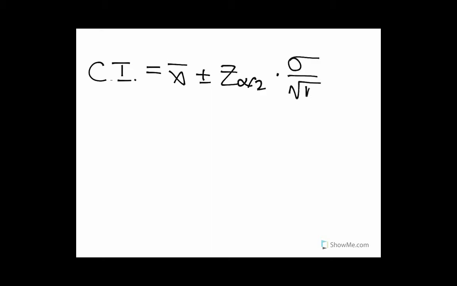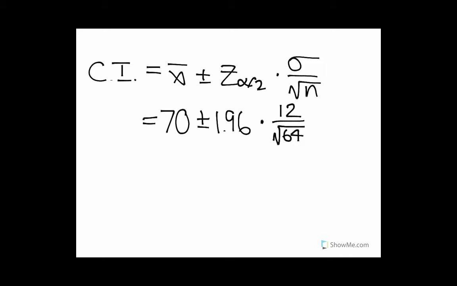Now we have everything we need for our formula, which was confidence interval is x bar plus or minus our critical z-score times sigma over square root of n. Our x bar was 70, our critical z-score we just found was 1.96, our sigma was 12, and n was 64.